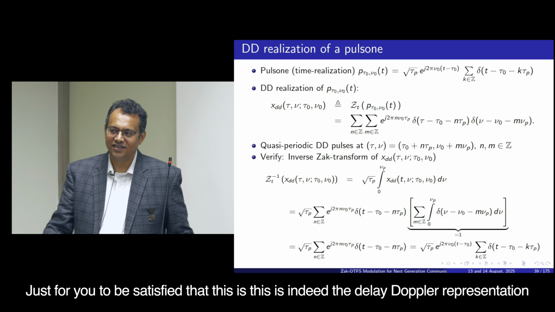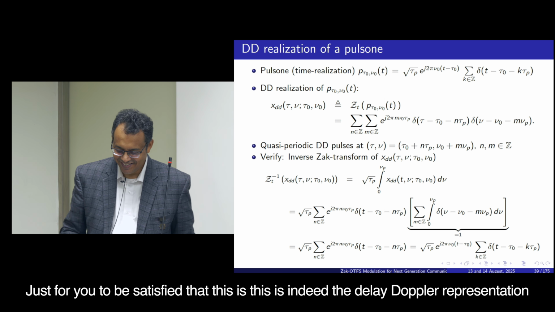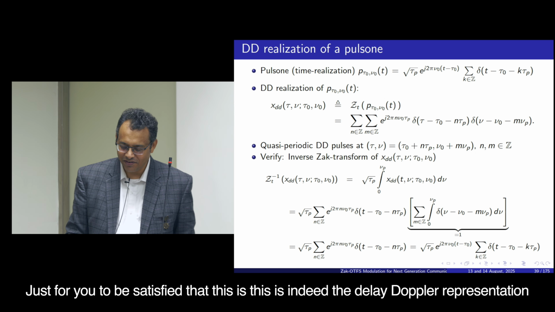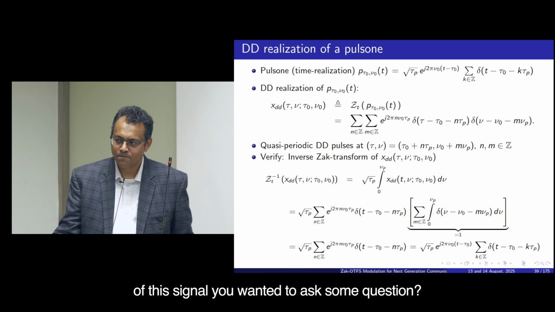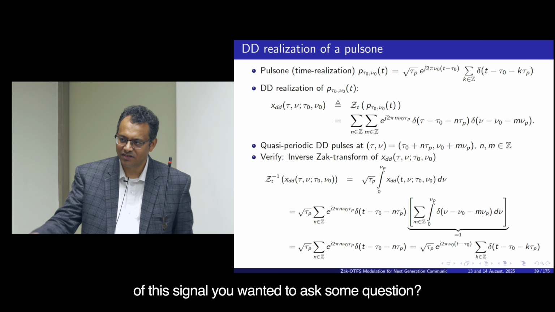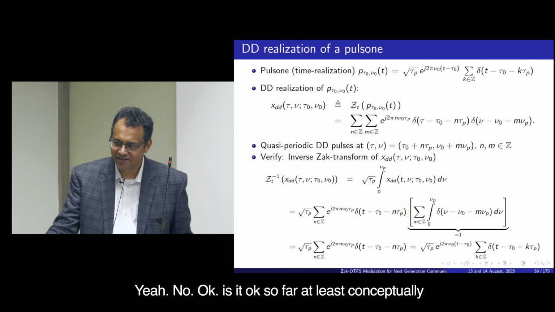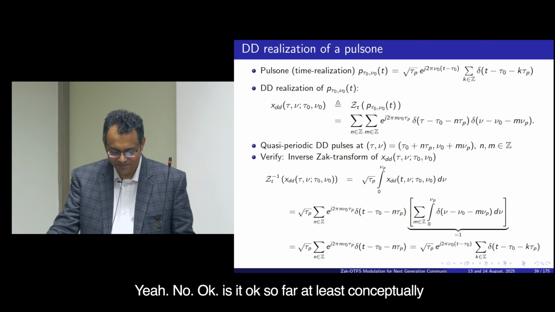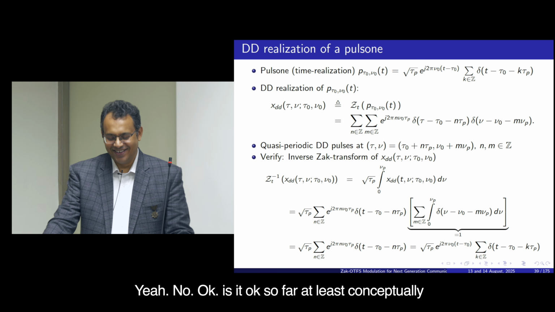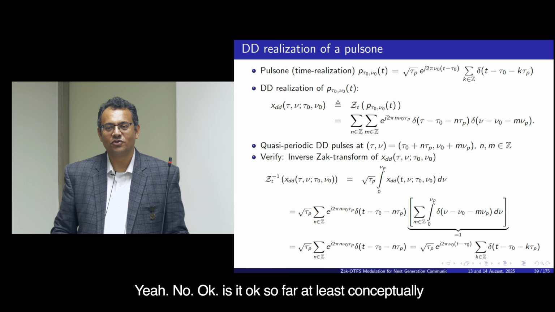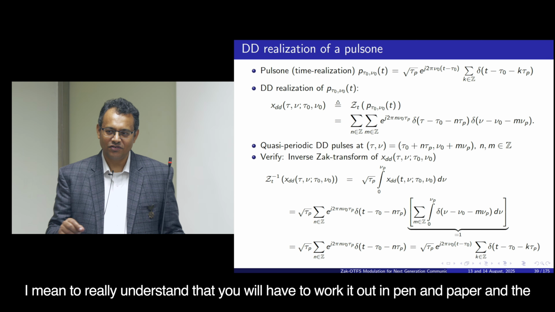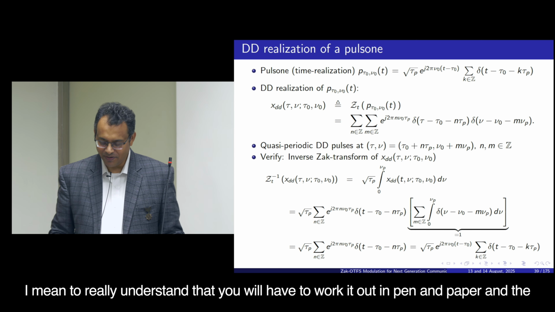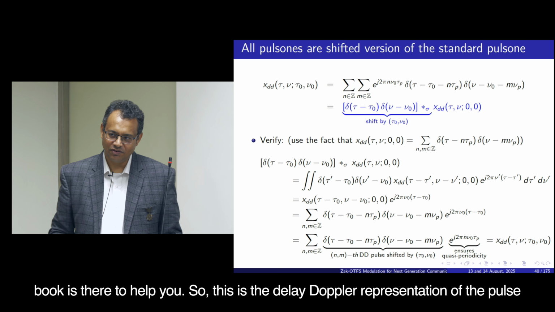Just for you to be satisfied that this is indeed the delay Doppler representation of this signal, okay. Is it okay so far? Okay, at least conceptually. To really understand it, you will have to work it out with pen and paper, and the book is there to help you.